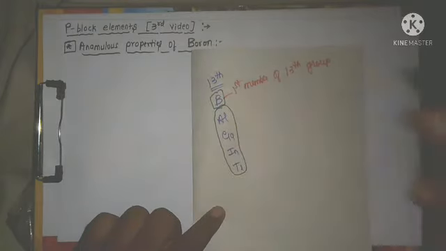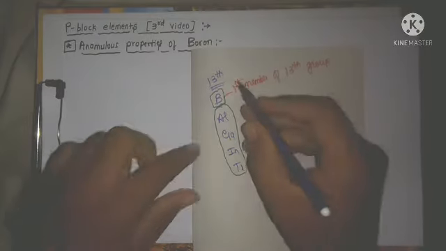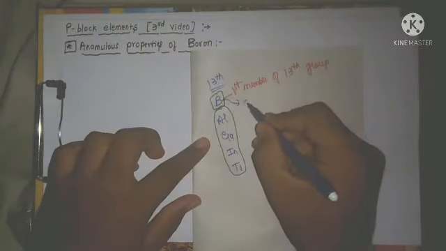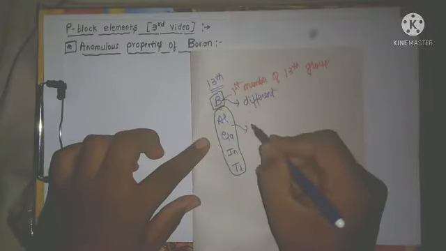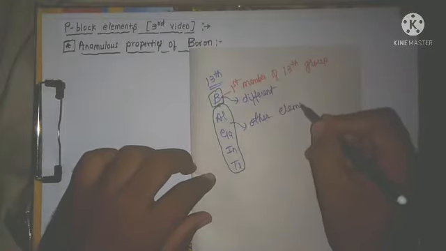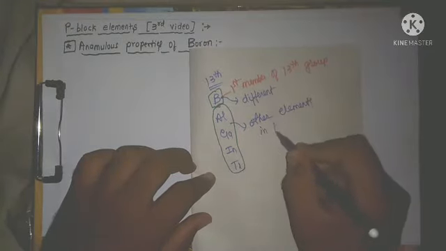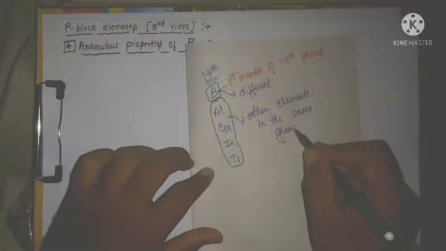That is called anomalous. The properties of this boron are different from the other elements in the same group.